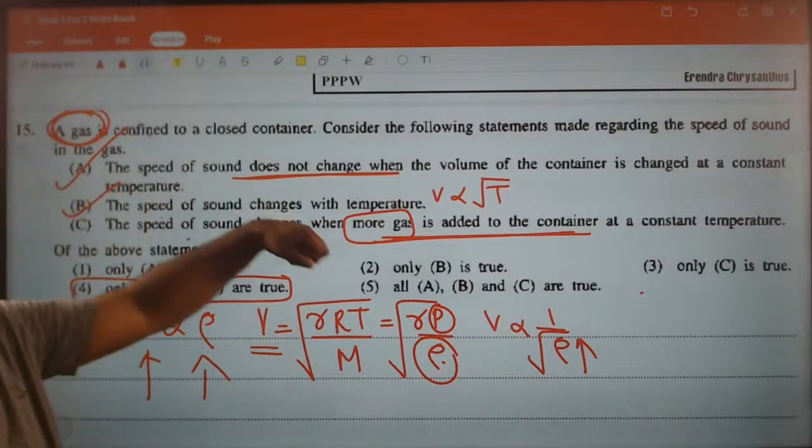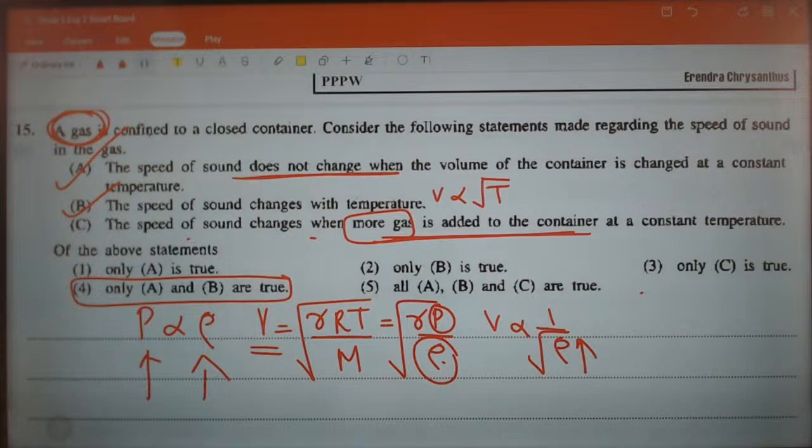But if a different gas is added, that's a very important point.